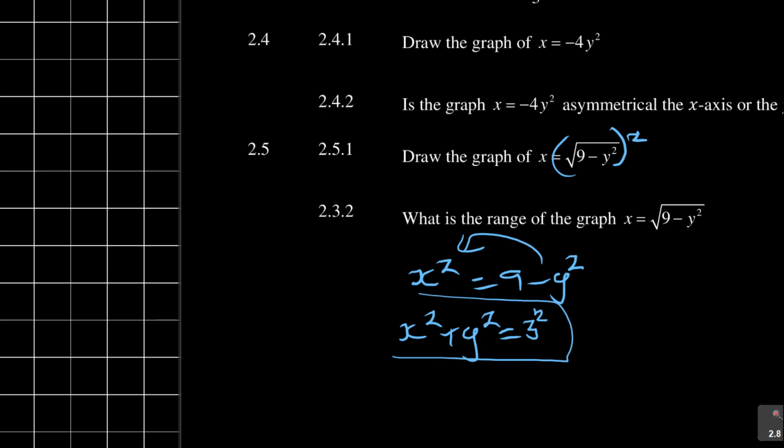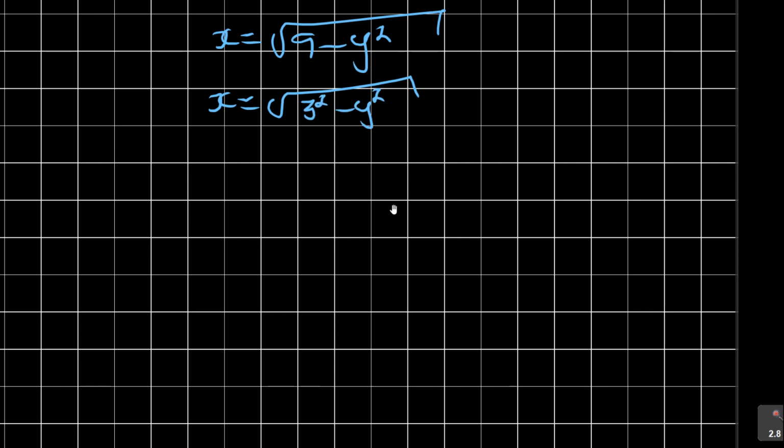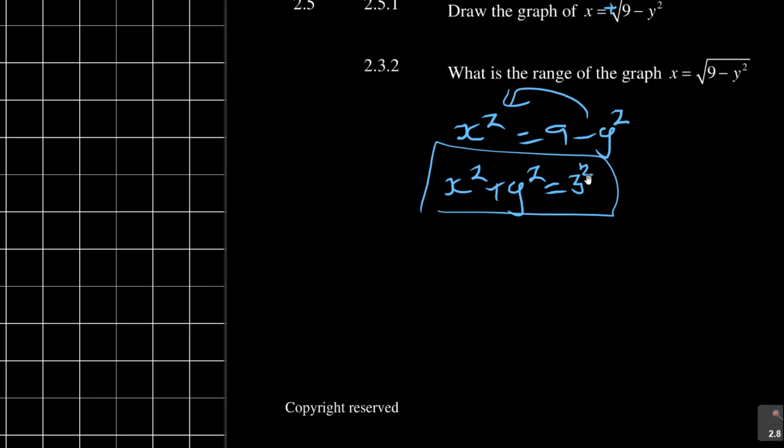And this is a circle. So you need to identify it's a circle, but x there is positive. So the graph of x is equal to the square root of 3 squared minus y squared.